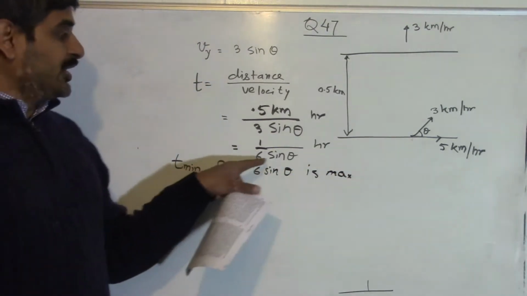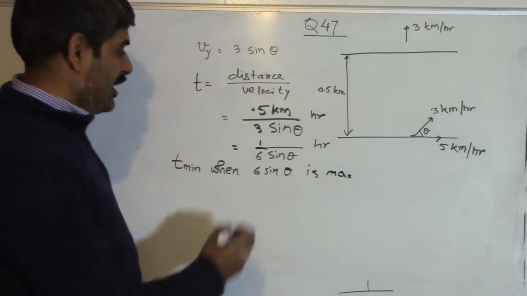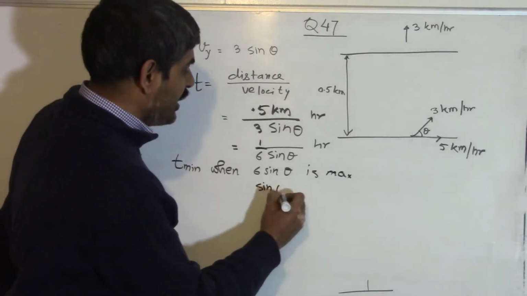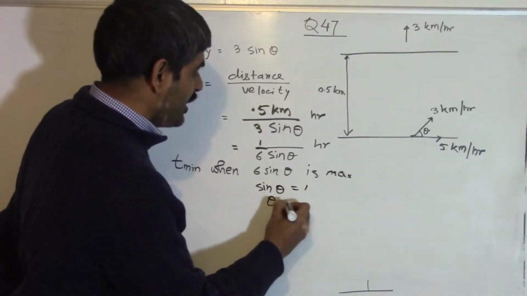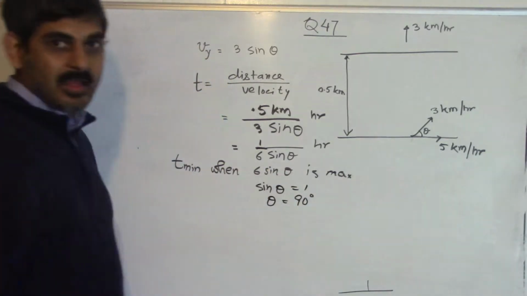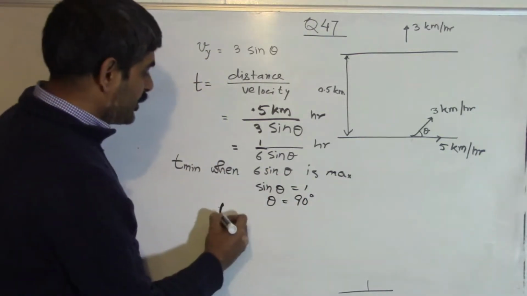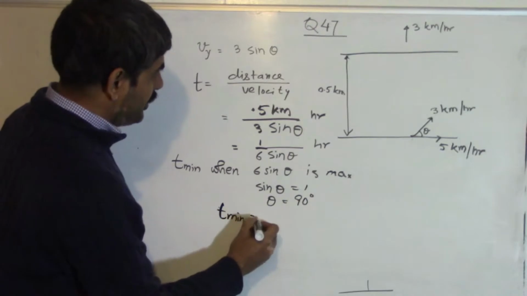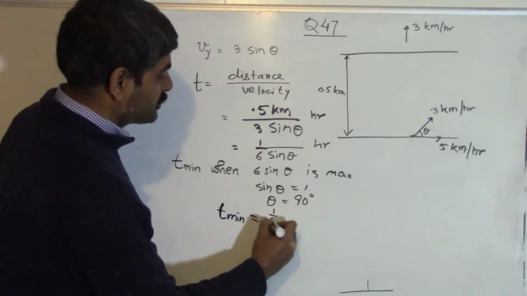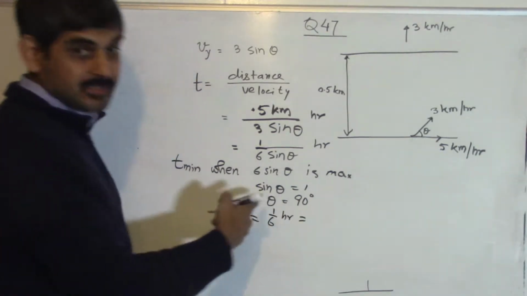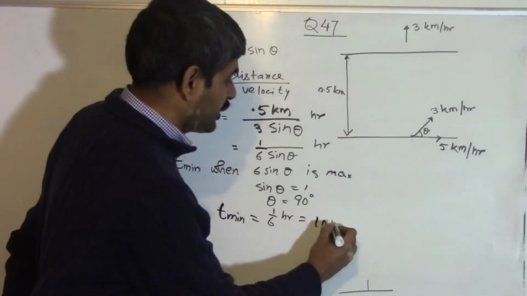And what is the max value of sine theta? Max value of sine theta is 1, or when theta is equal to 90 degrees. At that time, the time will be minimum, and this T min will be given by 1 upon 6 hour, or 60 divided by 6, or 10 minutes.